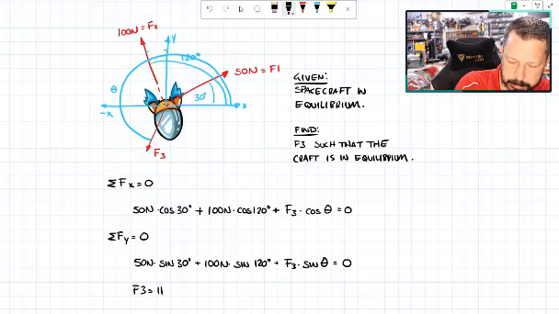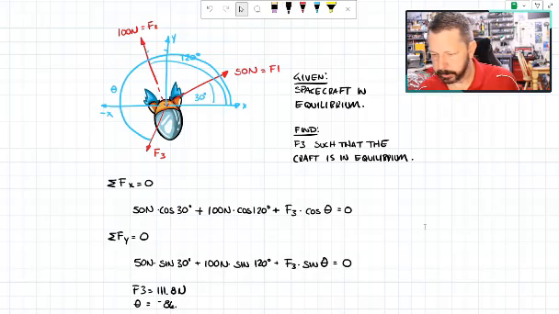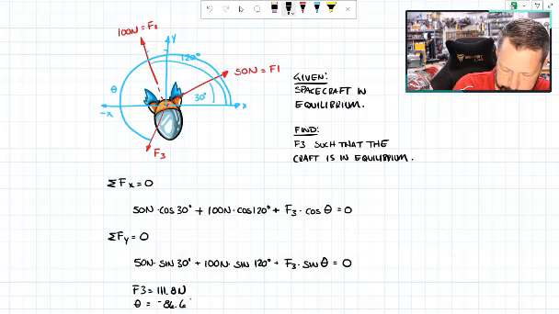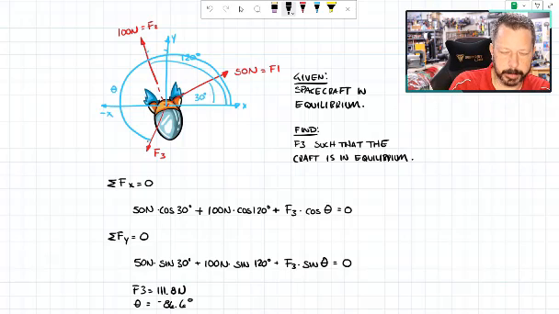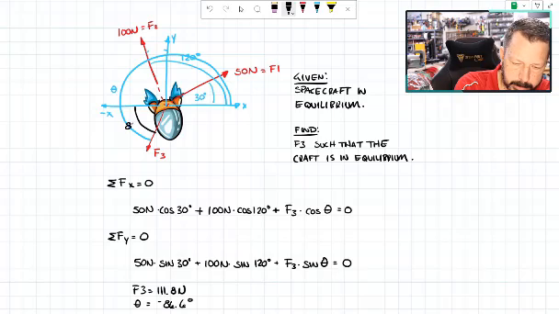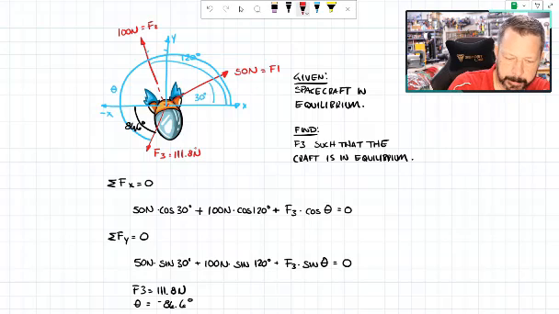F3 equals 111.8 newtons. Theta equals negative 86.6 degrees, we'll say. So on our picture up here, that's this angle, 86.6 degrees, and F3 would be 111.8 newtons.